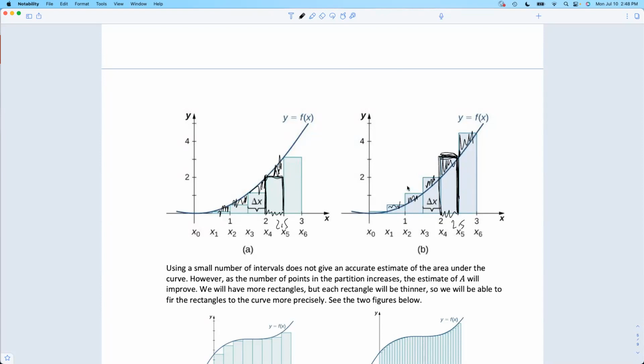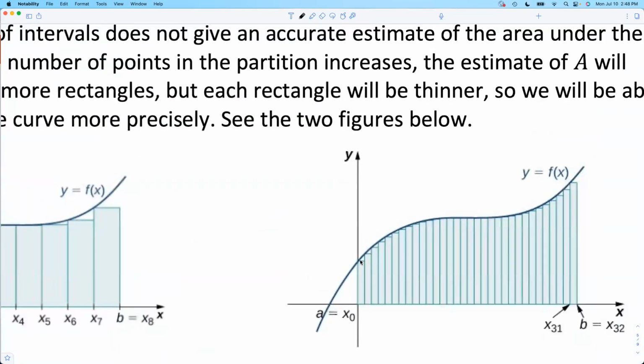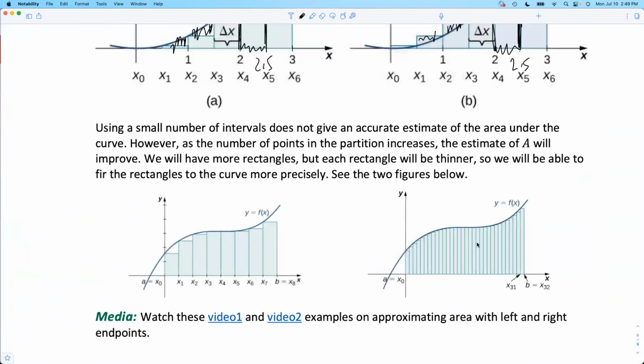Now, if we take more and more rectangles, that's what these pictures are showing, notice the amount I'm missing by gets smaller and smaller. See, even if you zoom in here, this guy is an underestimate by this tiny little amount. The more intervals you take, the better your approximation gets.